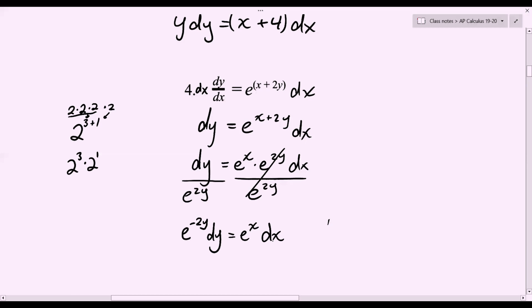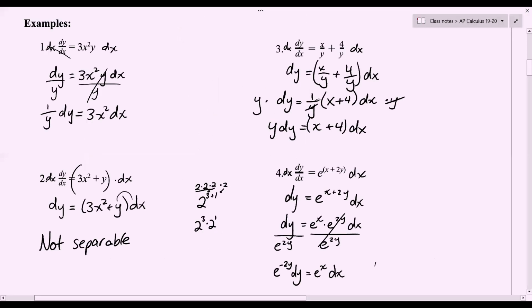Now we have our y's on one side and our x's on the other side. I hope through these examples you've learned how to separate differential equations, so we have only one variable on each side.